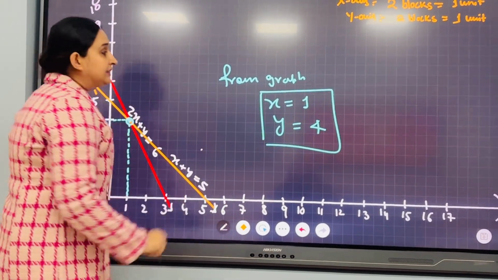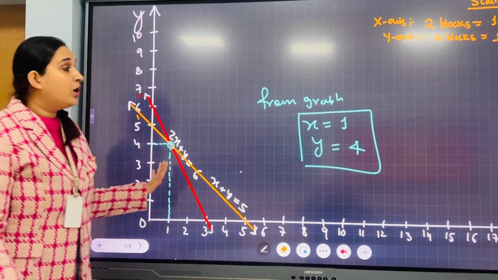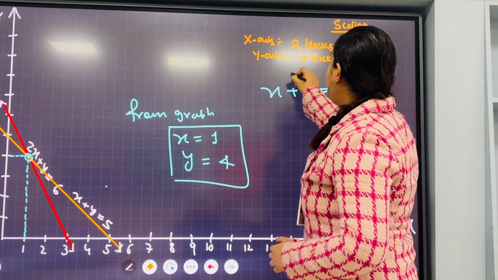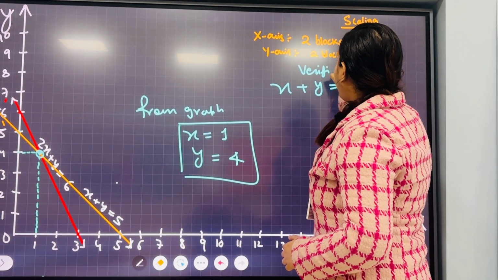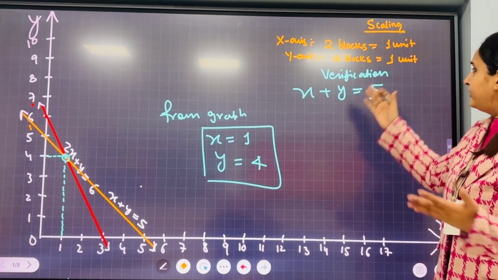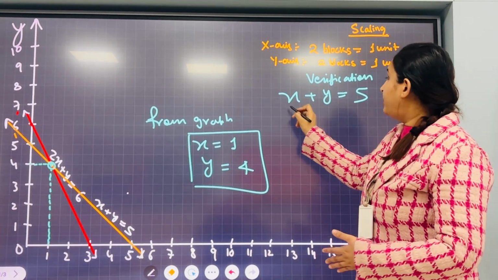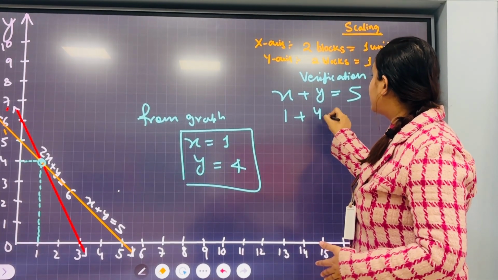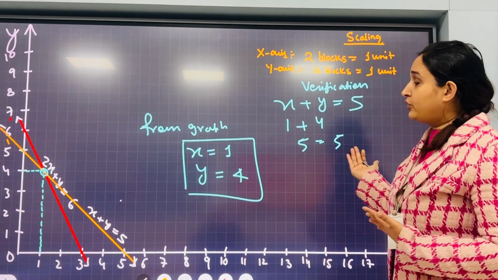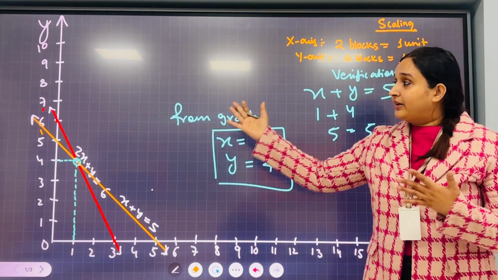So this is your solution. If you want, you can verify. The equation was x plus y equals 5. This is the verification part. You don't need to do it in the fair notebook. You can check it in the rough part. Put x equals 1, y equals 4. Are you getting the same answer? 5 equals 5? Yes. So the answer is correct and the graph is correct.